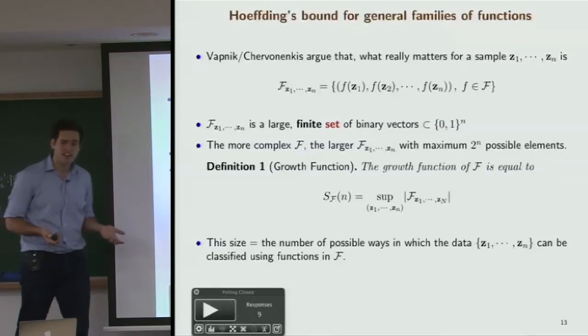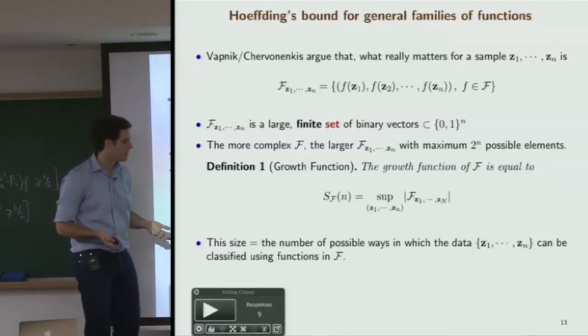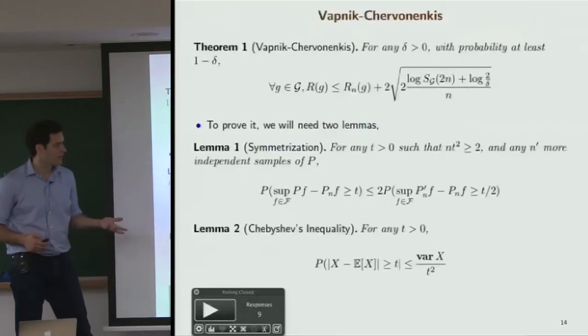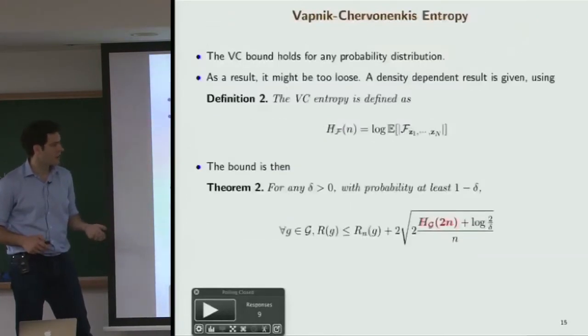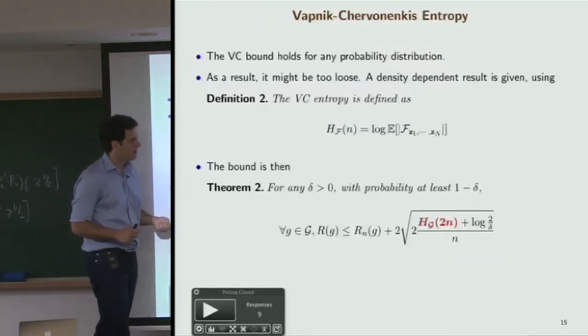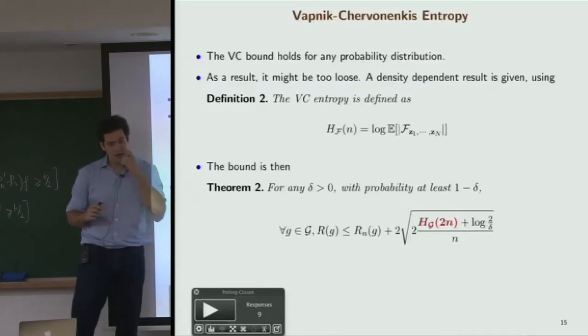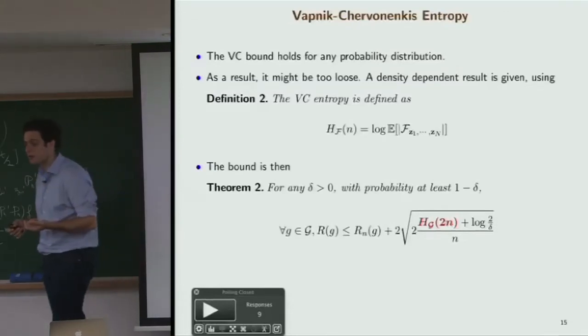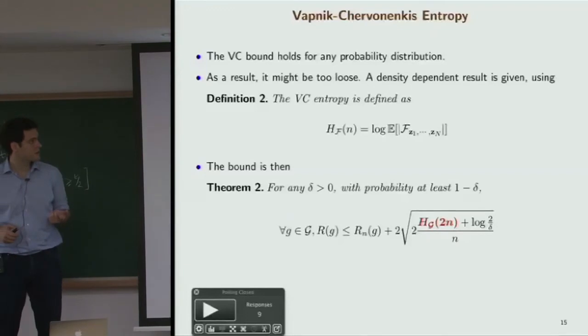So it's a fairly difficult quantity to compute. So what Vapnik and Chervonenkis came up with then is a different criterion. The biggest contribution of their new approach is to consider a quantity called the Vapnik-Chervonenkis entropy.